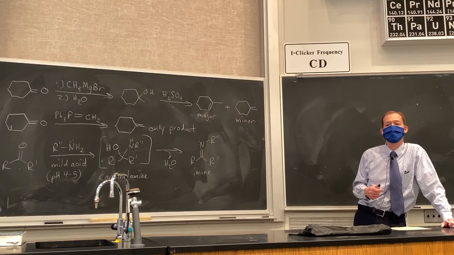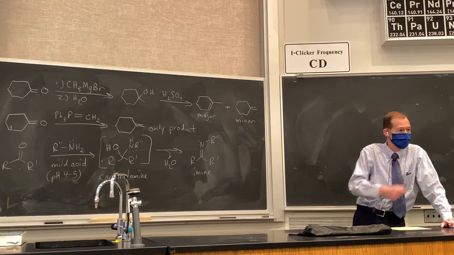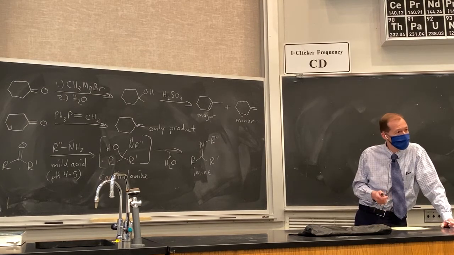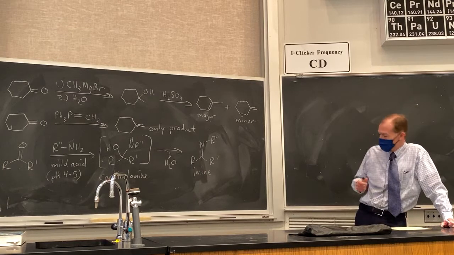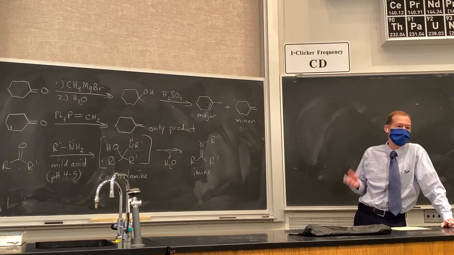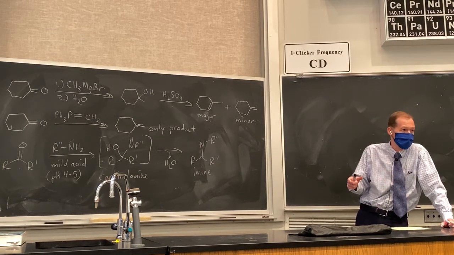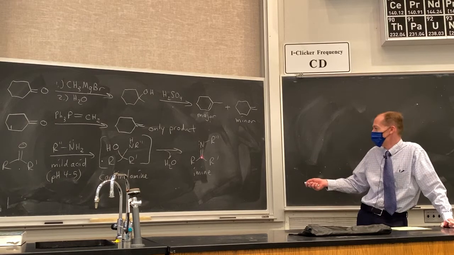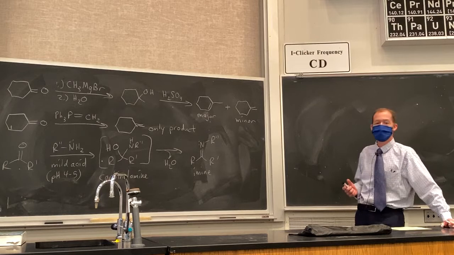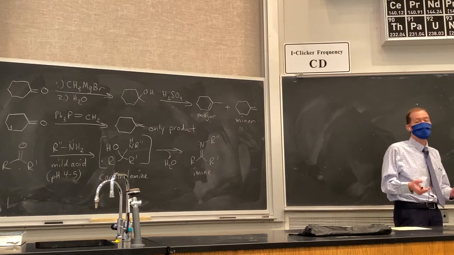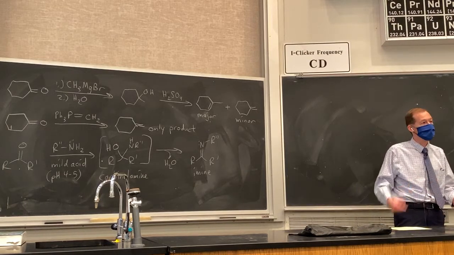Less, why? Nitrogen is less electronegative than oxygen. So the carbon-nitrogen double bond is less polarized than the carbon-oxygen double bond, leading to a smaller partial positive charge on the carbon of an imine. So an imine will be an electrophile, but not as good of an electrophile as an aldehyde or a ketone.